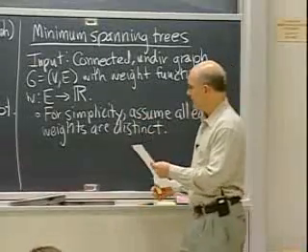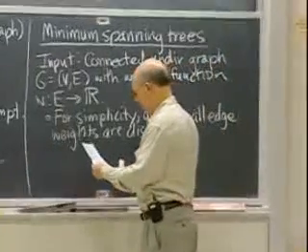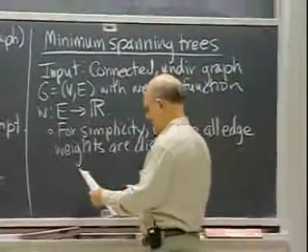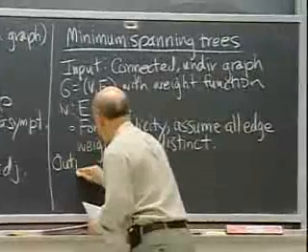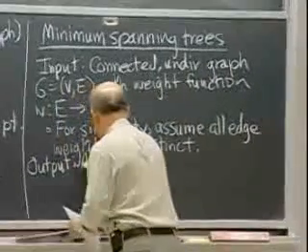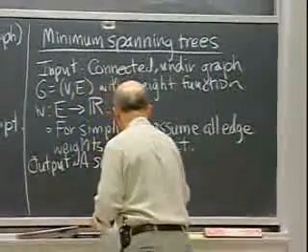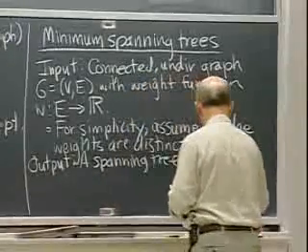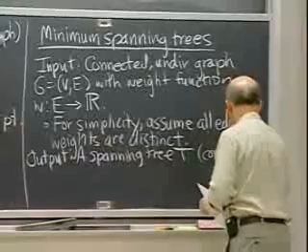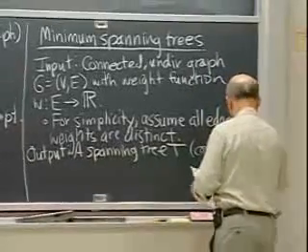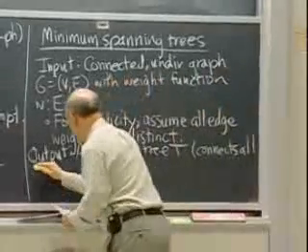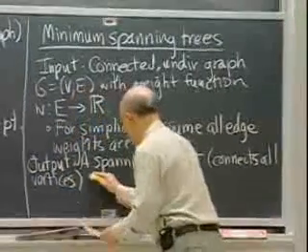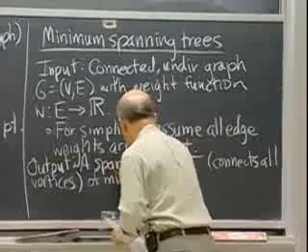So that's the input. The output is a spanning tree T, and by spanning tree we mean it connects all the vertices, and it's got to have minimum weight.